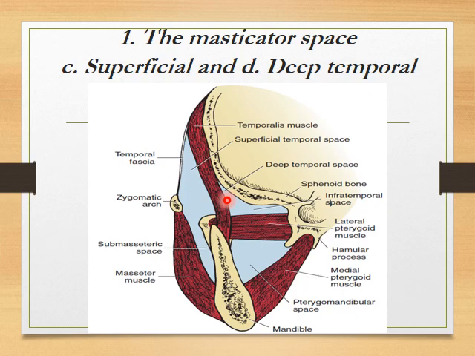Etiology: it rarely becomes infected, usually only in severe infection. Its connection is with the infratemporal space, the superficial temporal space, and the inferior petrosal sinus. Signs and symptoms, as with the superficial temporal, also include swelling over the temporal region, superior to the zygomatic arch, behind the orbit.